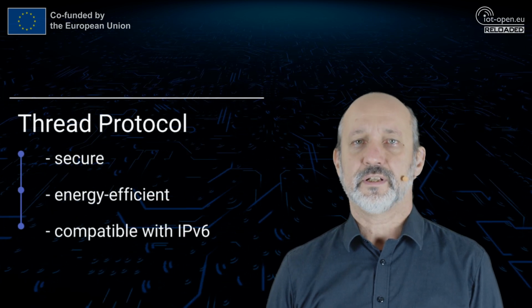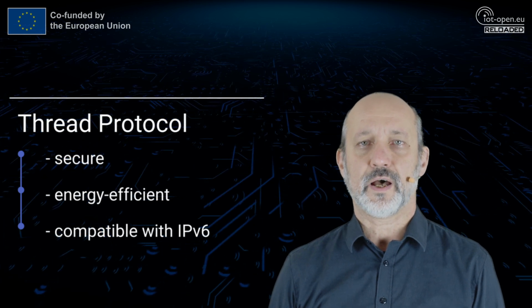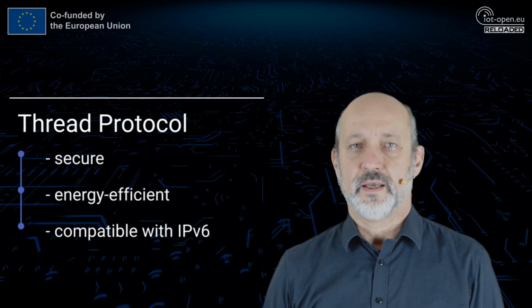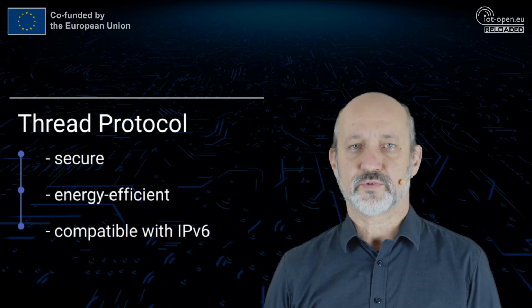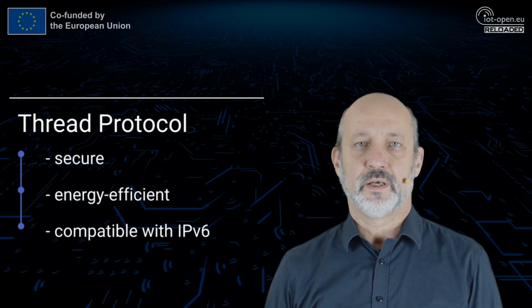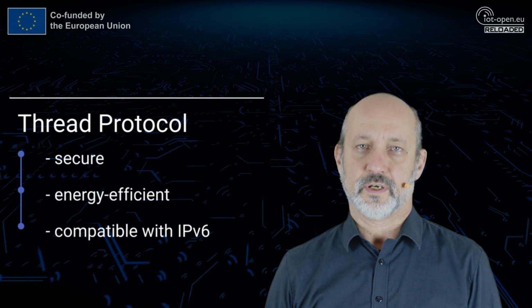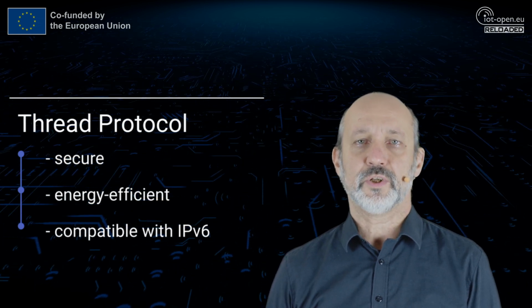Thread was developed as the modern secure IoT protocol compatible with IPv6. It incorporates encryption, authentication, and secure key management to protect communication between devices on the network. It is also energy efficient, allowing devices to fall asleep and awake when needed for communication.